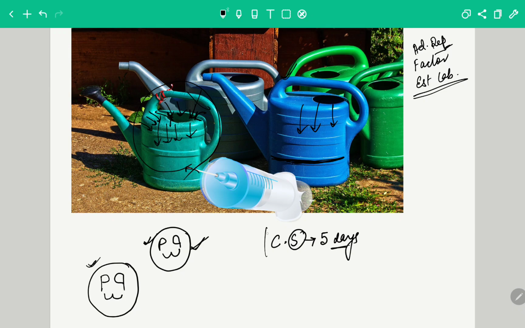Remember this panda? 5 days for C-section, because section looks like 5. So, very, very easy to remember. The management, remember the tank, don't puncture it.